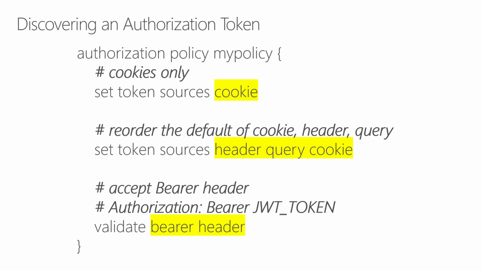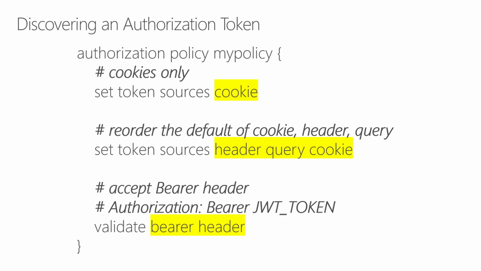Instead of doing all three, I can do only one. For example, if my application uses cookies only, I can say I want to find the token only in cookies. So I will say set token cookie, and that would cause the plugin to not look into the header or the query parameters for the token.